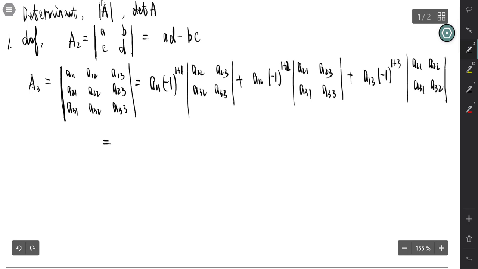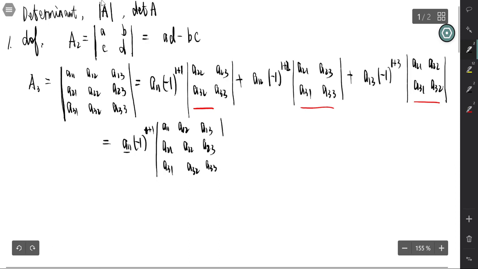What this means: all these three determinants are actually the original determinant with the row and the column of this number cancelled.